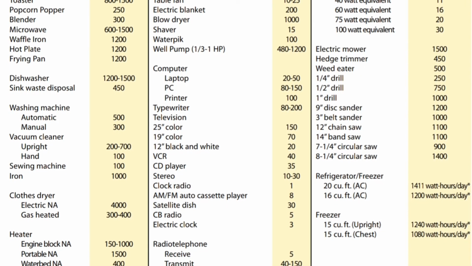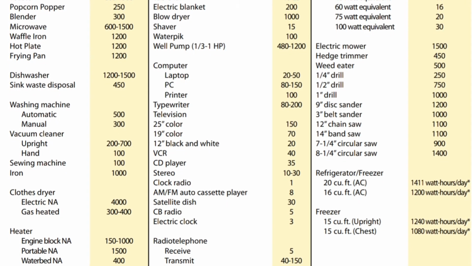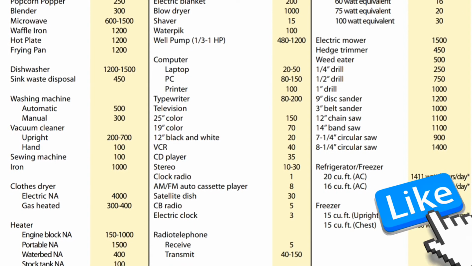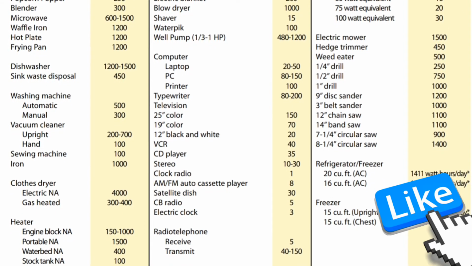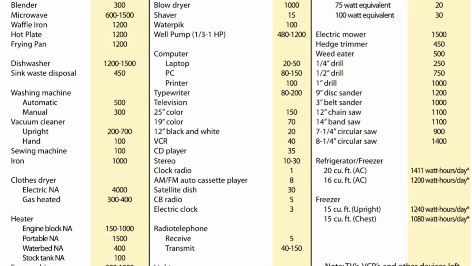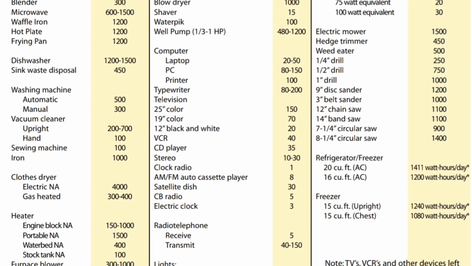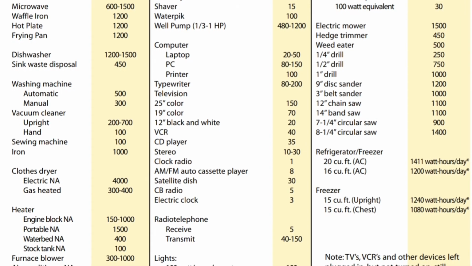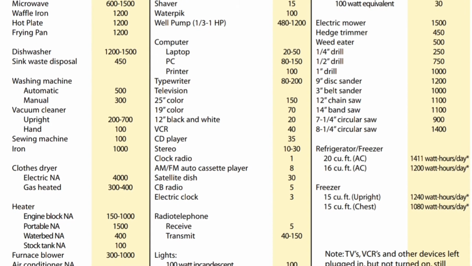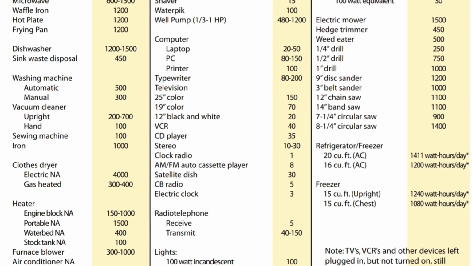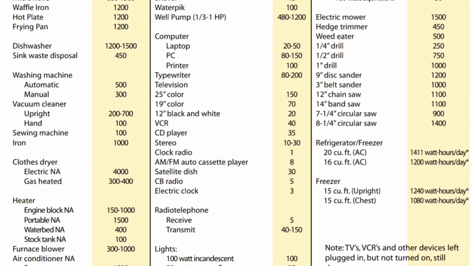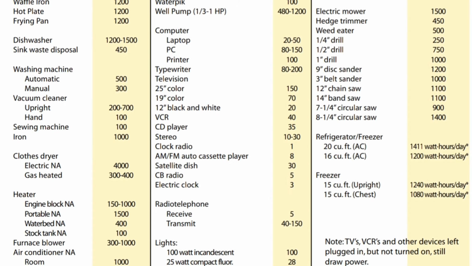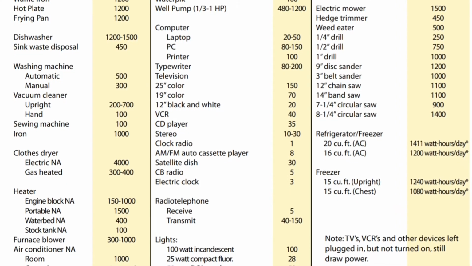A dishwasher uses 1200 to 1500 watt, and a fully automatic washing machine uses 500 watt, which is less for a semi-automatic. Vacuum cleaner 200 to 700 watt, and heater 150 to 1000 watt. A computer will be around 80 to 150 watt for a PC, and for a laptop it's 20 to 50 watt, etc.